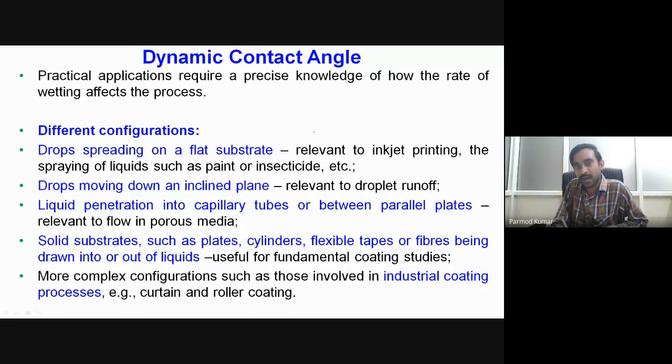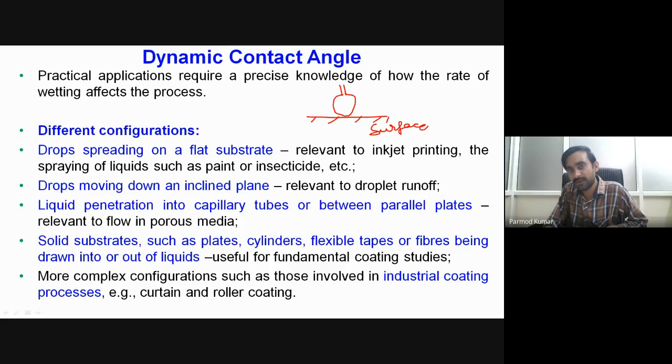If I give you one very small example, you can see here we have some solid surface, and over this solid surface we have one droplet hanging from a needle, and I have just brought this droplet in contact with the solid surface. Initially, when the droplet is just in contact with the surface, we have a point contact, and our contact angle is equal to 180 degrees.